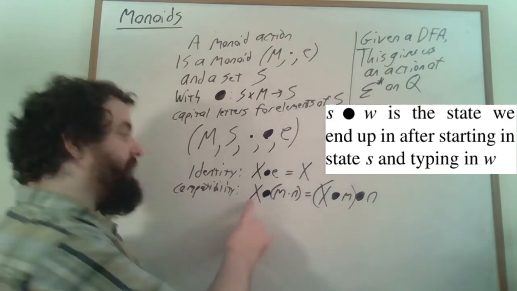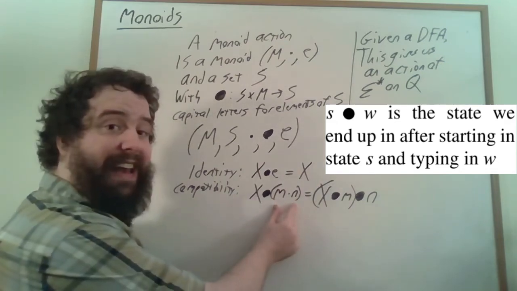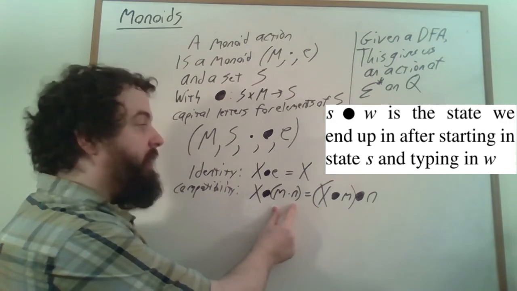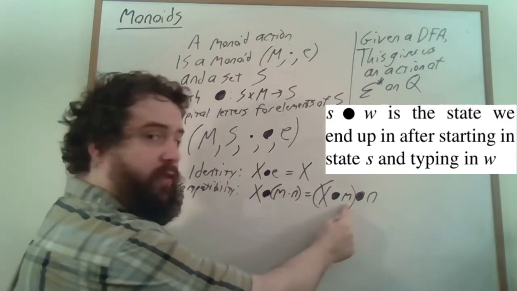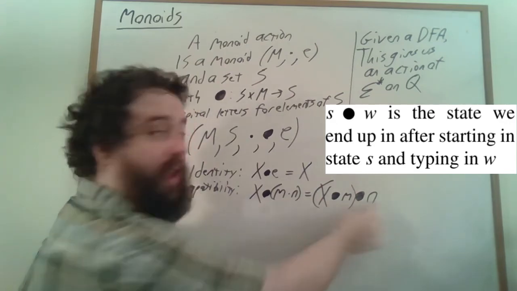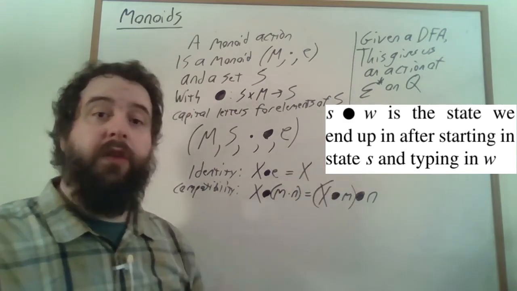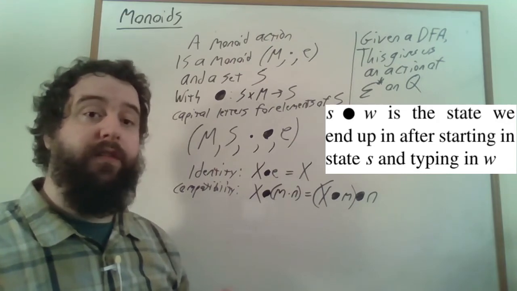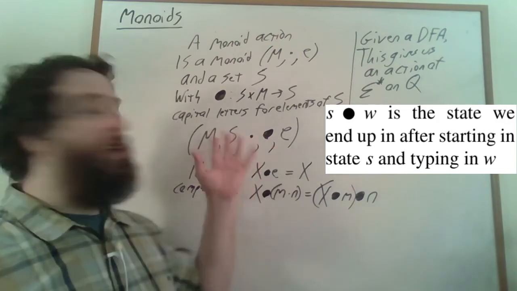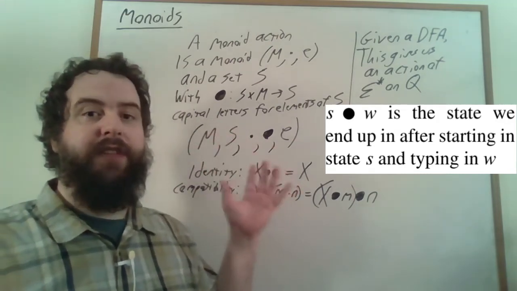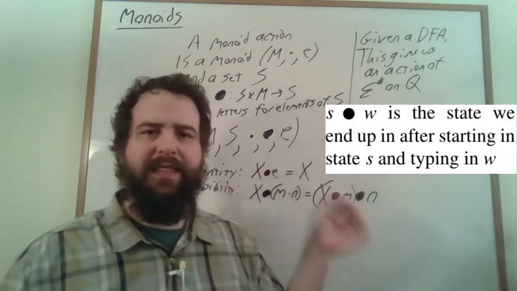Additionally, if we're in a state and we apply the concatenation of two words, that's the same as applying the first word and then taking the result and applying the second word. So this operation here that we defined really does satisfy the property of being a monoid action. This is all very abstract, and it uses a lot of technical jargon to describe what's really a simple idea.